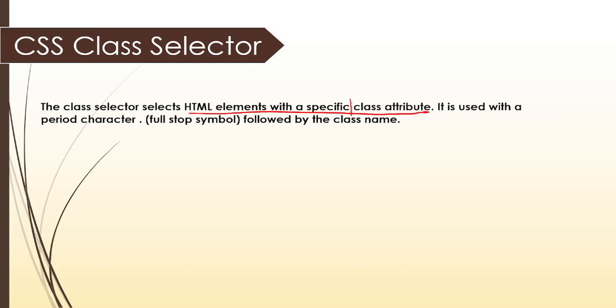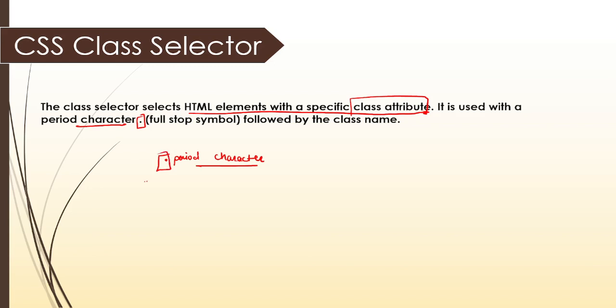So remember this point, whenever we are talking about class selector, we always use a symbol that is the period character. In simple terms, it is a dot, a full stop. In any programming language, we call this symbol the period character. So whenever we are talking about class selector, remember this particular symbol.